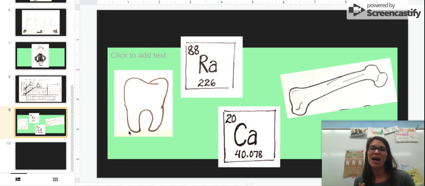If it was raining, you'd protect yourself with an umbrella, right? If you're going to go into a burning building, you're going to put on your protective gear from the heat. When we work in a chemistry lab, we put on our goggles to protect our eyes. There is no protection for radiation, especially when the source of it is in your body.